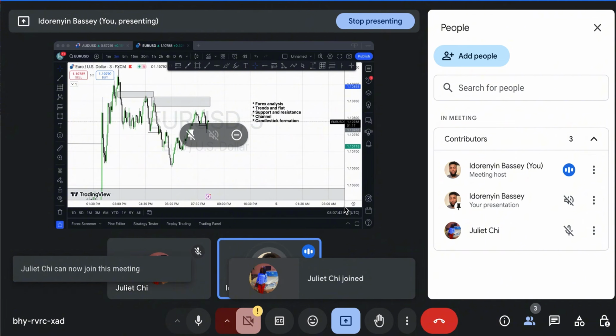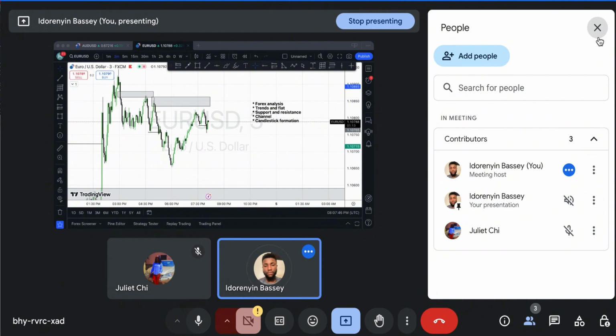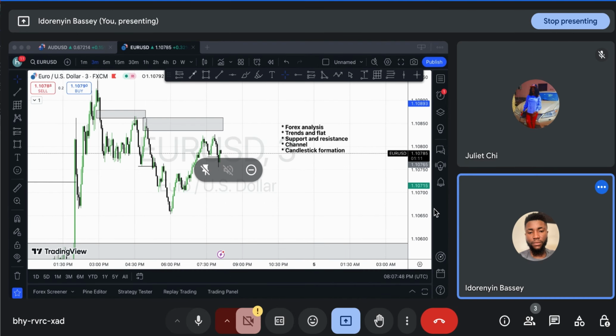After that, we are going to be looking at support and resistance. We're also going to be looking at channels, and candlestick formation. So these are all the topics that we're going to be treating today. So let's start from forex analysis.